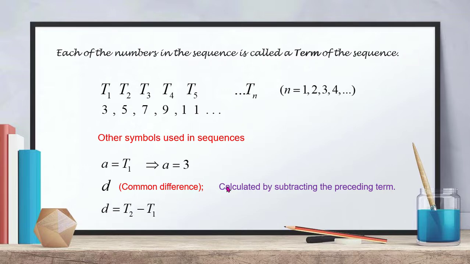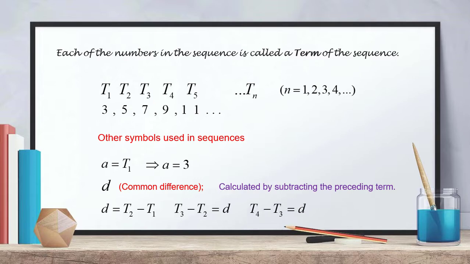Example: D will be calculated by subtracting T1 from T2. D can also be calculated by subtracting T2 from T3.